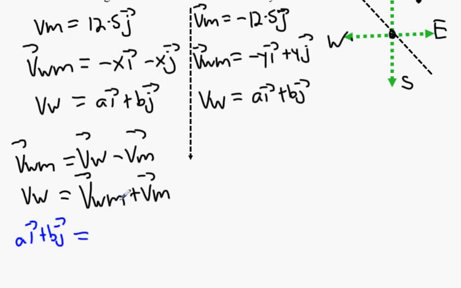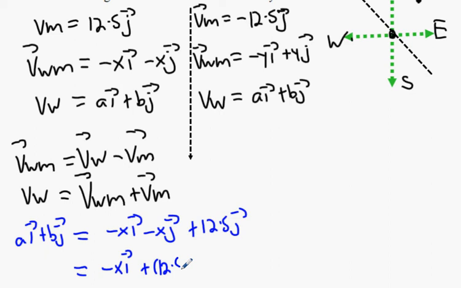It in turn is going to equal the velocity of wind relative to man, which is minus XI minus XJ, plus the velocity of the man, which is 12.5 J. I'm going to group, so what I'm going to get is minus XI plus (12.5 minus X) times J. And now I have AI plus BJ. Gonna stop there. Okay, next one, same trick.